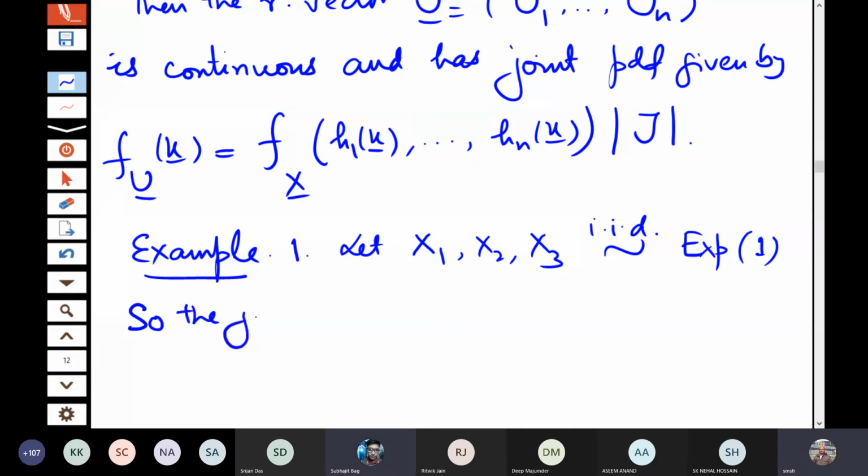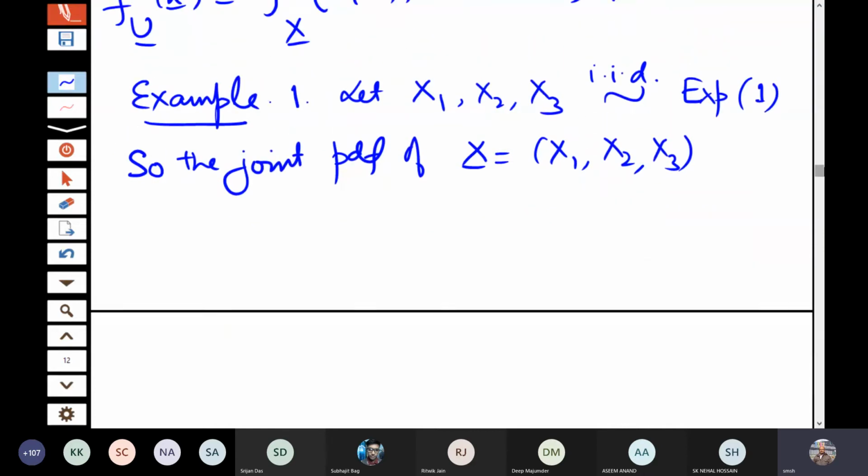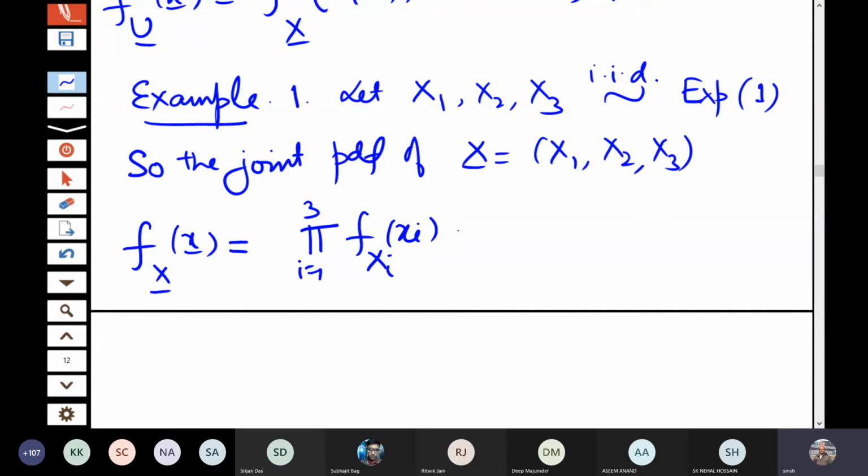So the joint PDF of X equal to X1, X2, X3 is nothing but the product of the individual distributions of X1, X2, X3. So it is e to the power minus x1, e to the power minus x2, e to the power minus x3, where each xi is positive.